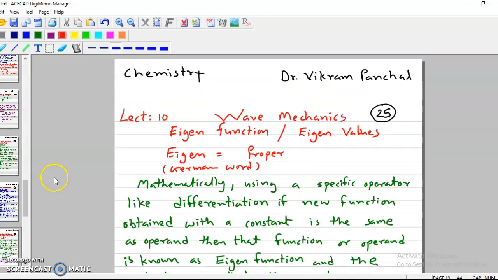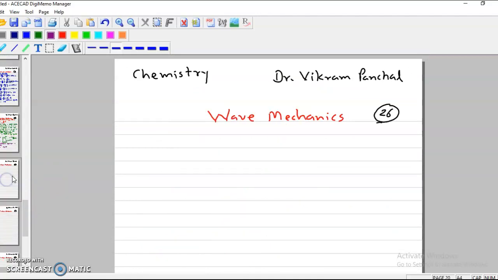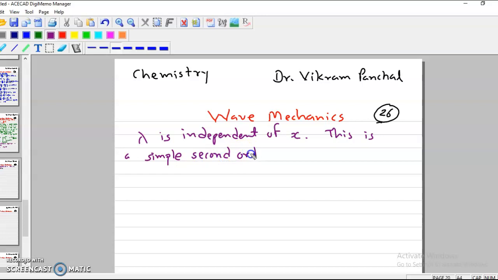Suppose this is the solution, where lambda is independent of x. This is a simple second order differential equation.